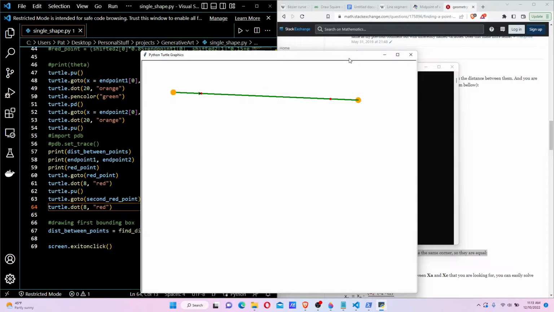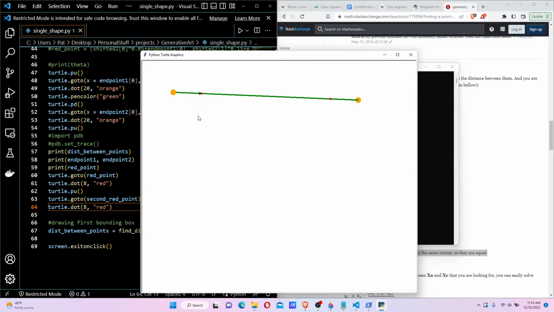what do we want to do? So I have red point 1, red point 2. Now I want to make a bounding box with those points. So I guess I want to find a point that's perpendicular to this line.